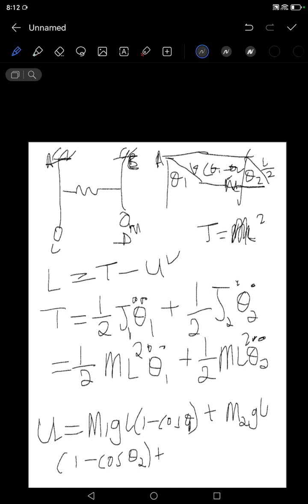So we're going to have a half K for stiffness into L over 2 theta 1 minus L over 2 theta 2, all squared, like this. So this is going to be our potential energy.